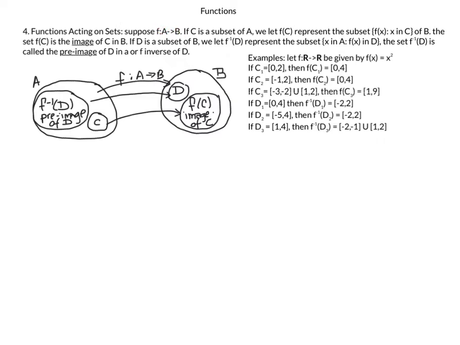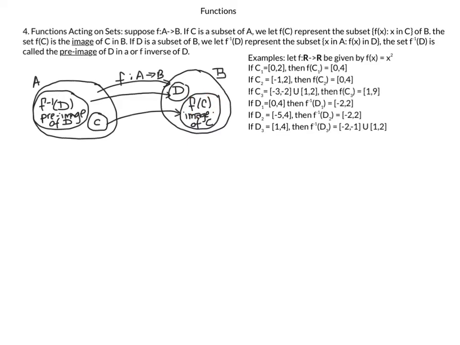So if we have a function f going from A to B, so here we have a set A, we have a set B, and f maps things from A to B. If C is a subset of A, so here I have a subset of A that I call C, the set that this C gets mapped over to in B, we're going to denote it with f of the capital letter C. And the capital letter, because this is not just f mapping a member, this is where the set C gets mapped to, and we call this the image of C. So in the definition, we would say C is a subset of A, and we let f of capital C represent the subset of B, such that those are the f of x's, such that we have x coming from set C.